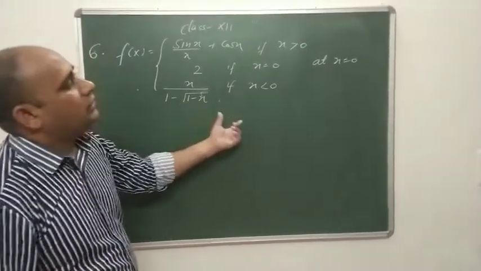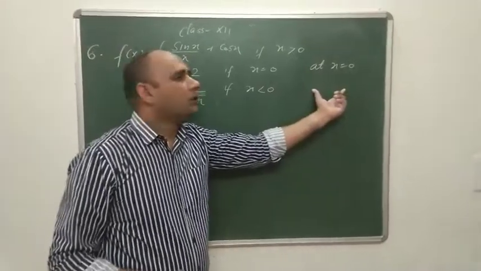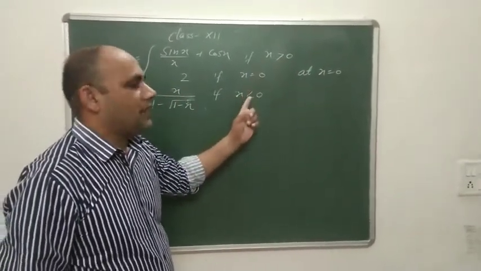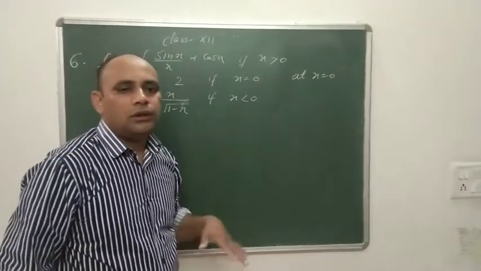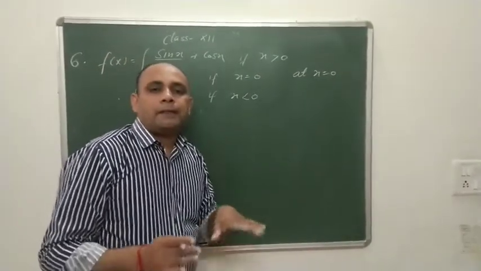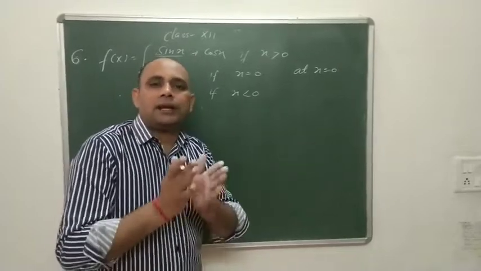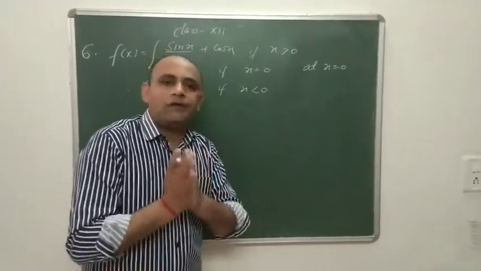Check the continuity at x is equal to 0, in which the function is defined for x greater than or equal to 0, equal to 0, and less than 0. In this question, we will use the method of left hand limit, right hand limit, and f(a).